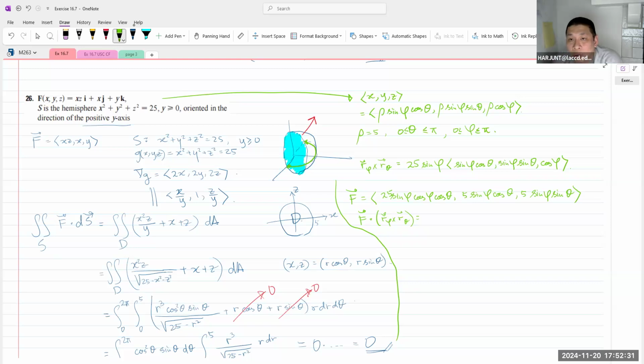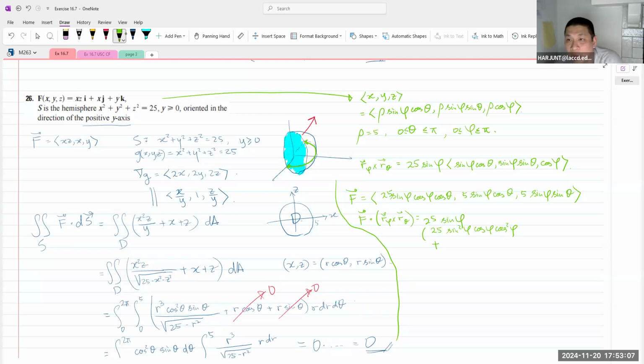Okay, so F dot the cross product will be 25 sine phi, that's the common factor, times this guy times this guy. That will be 25 sine squared phi cosine squared phi plus, are you sure you want to do it this way?